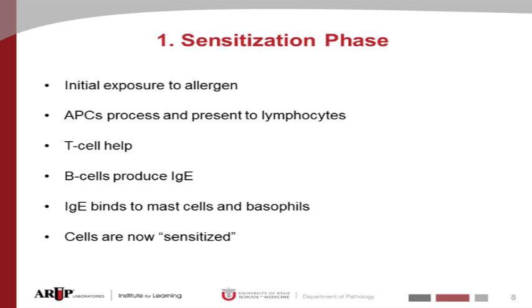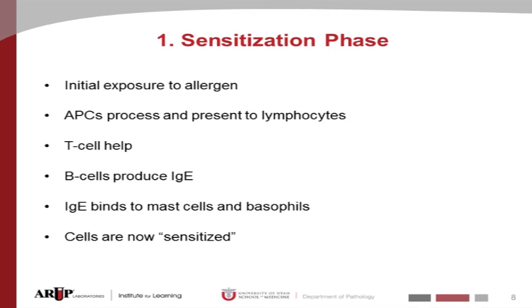The first phase of type 1 hypersensitivity is called the sensitization phase. This is the primary response when a person is first exposed to an antigen or the allergen. In most cases, it's a small protein. What happens is the antigen-presenting cells process and present that allergen to the lymphocytes, the B cells and the T cells.